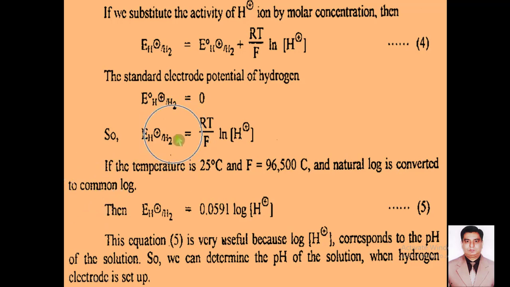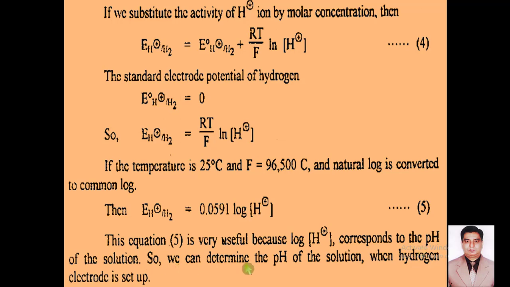So this equation will be written as: electrode potential for the hydrogen is equal to 0.0591 into log hydrogen ion. Dear students, this equation number 5 is very useful because the negative log of the hydrogen ion concentration is the pH of the solution.